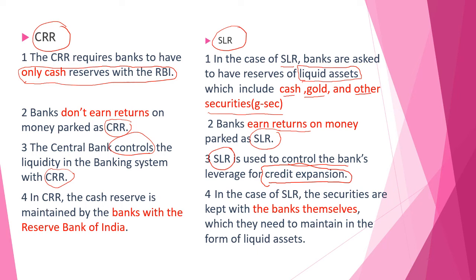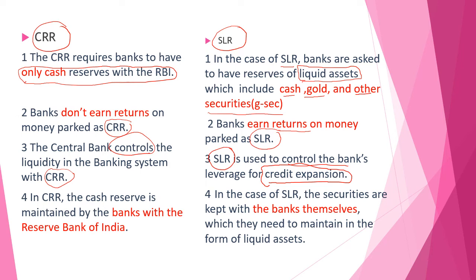This is the main difference. This is the same, but in the first and second points, there is a difference. CRR is only in cash, but SLR is in liquid form assets like cash, gold, or government securities. Banks don't get any returns on CRR, but in the case of SLR, banks will get interest payments, and these two are used to limit the credit creation.